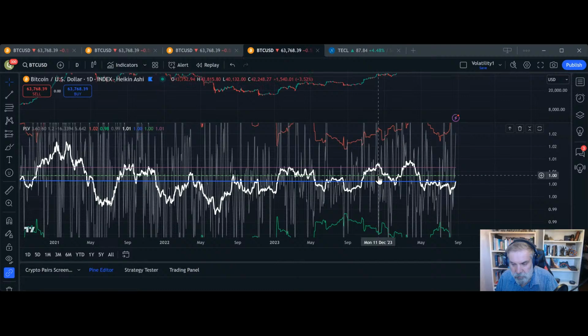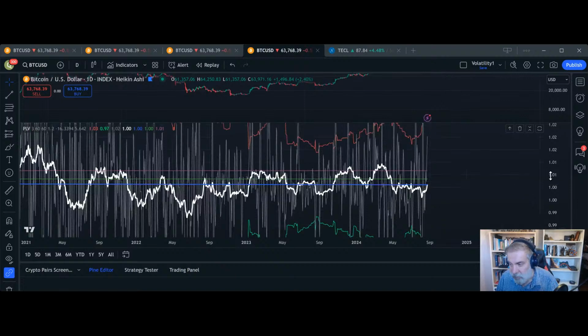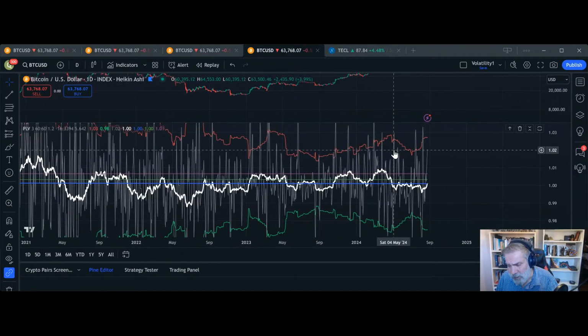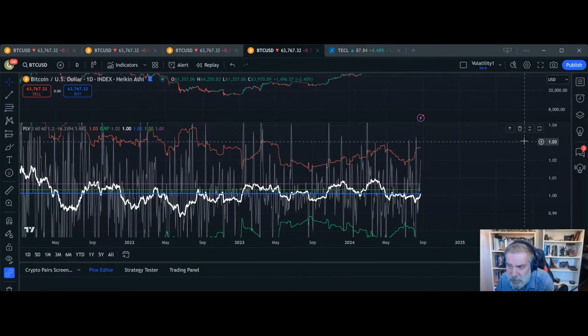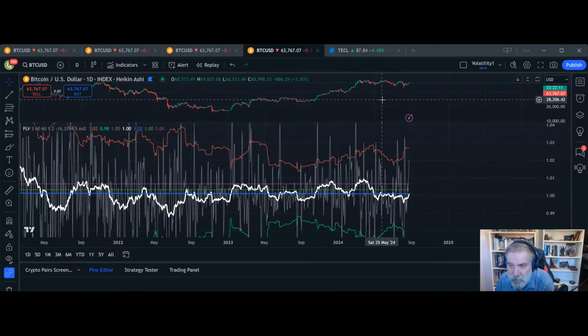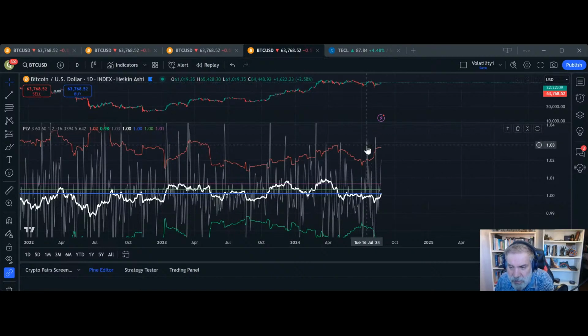Now, the gray line is the daily returns, the instantaneous returns. And the red and green lines represent large deviations, like one standard deviation. If you look at the chart above, where we have price, every time we go above the red line, it's a place where there is probably a correction.